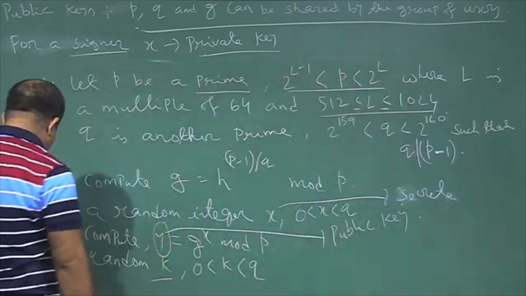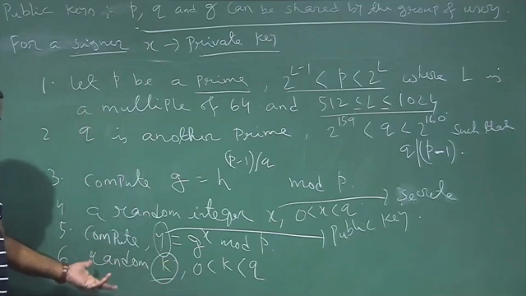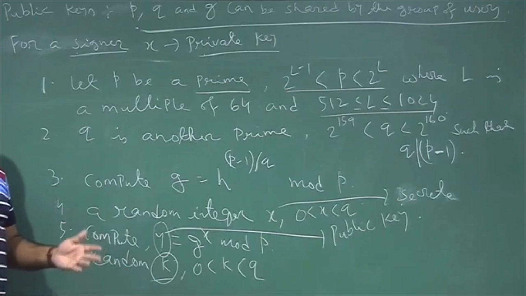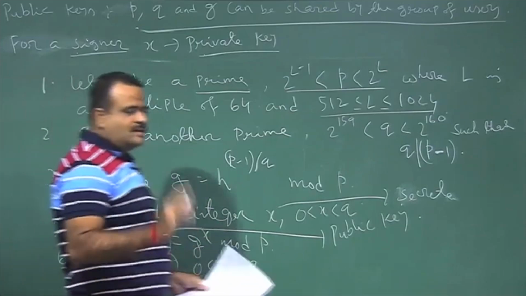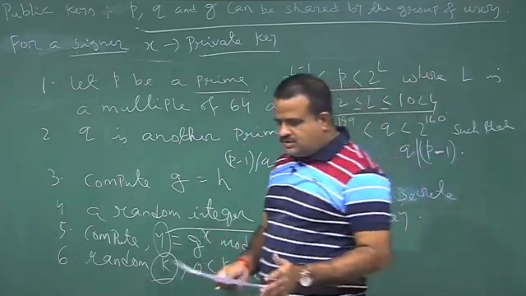Okay. So, this K is chosen by the signer at the time of signature, because K is another parameter which is sort of a nonce or time stamp for that particular signature. This is basically the Elgamal signature. So, this is the parameter set.